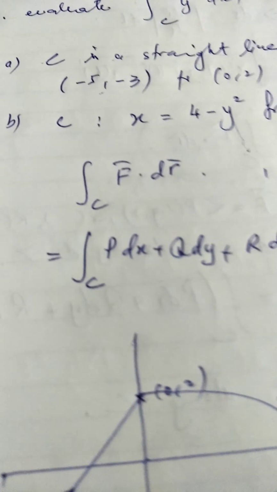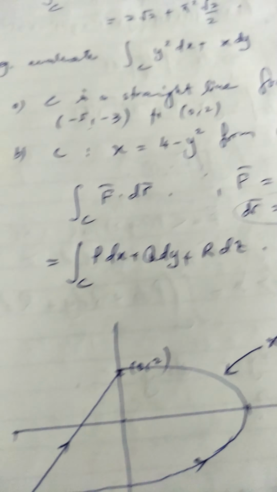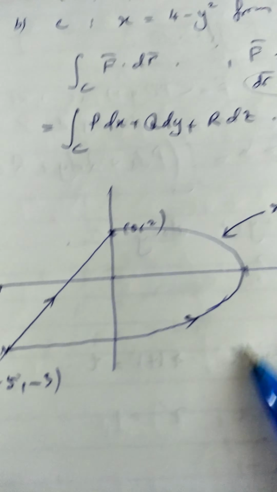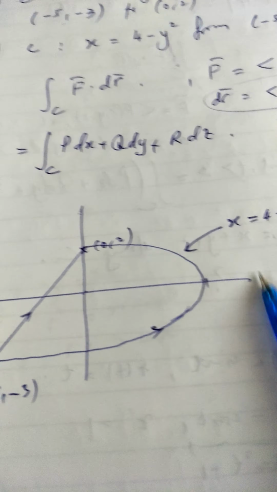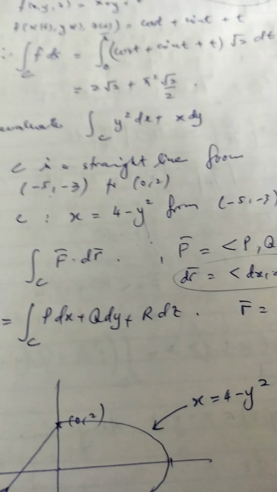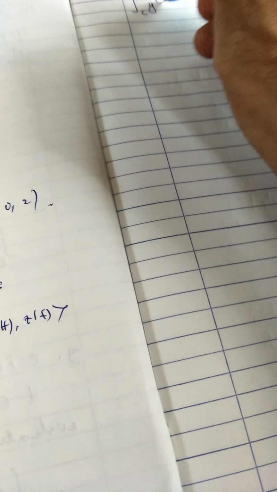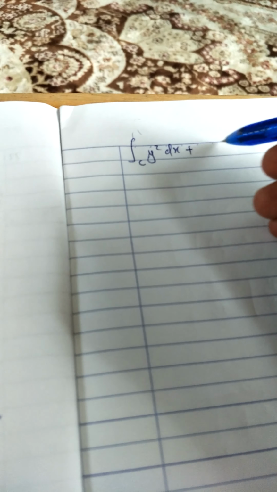Now let us focus on how to solve this problem. Since we have identified the required path, now we go to how to solve this integral. We have y squared dx plus x dy.